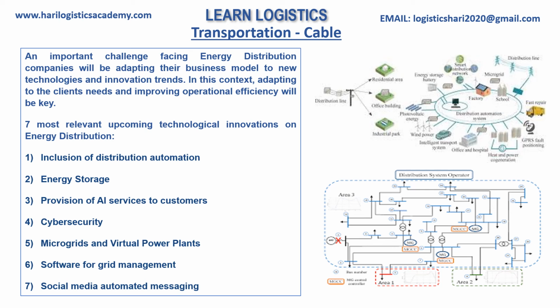Inclusion of distribution automation. 2. Energy storage. 3. Provision of artificial intelligence services to customers. 4. Cyber security. 5. Microgrids and virtual power plants. 6. Software for grid management. 7. Social media automated messaging.